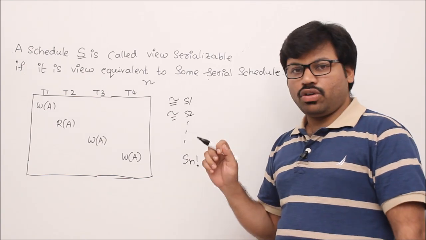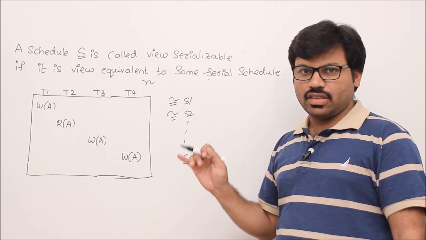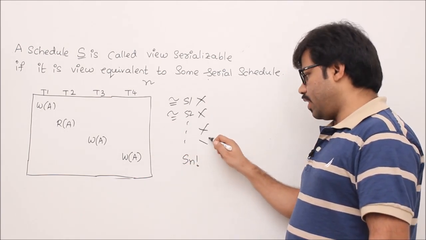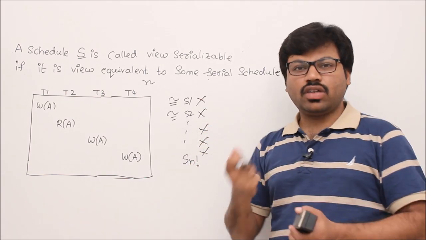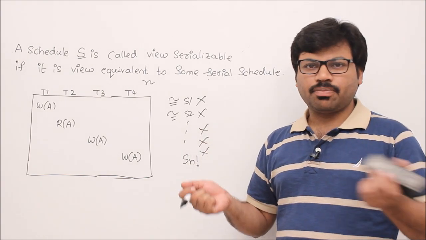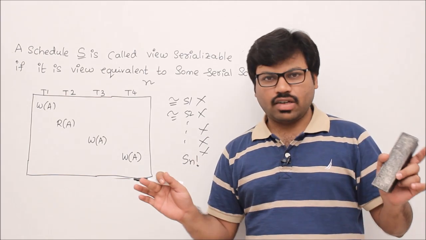Now, using some techniques, heuristics and conditions, I am going to automatically filter out some of the schedules which are not at all possible. In that way, I will try to reduce the size of the possibilities. However, in the worst case, these kinds of things might not work for general problems when you have hundreds of transactions.